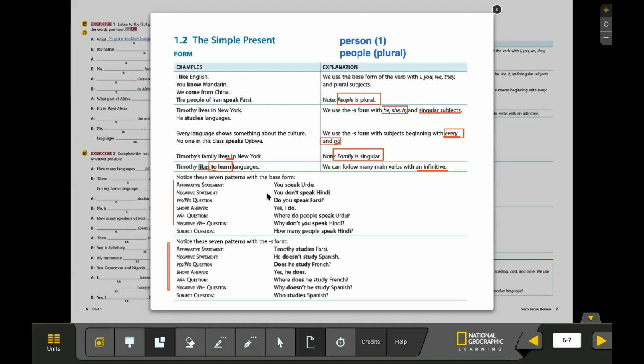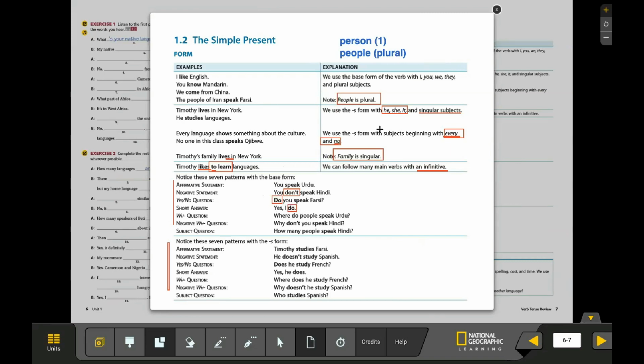So here we have the statements just in the base form. Notice something. If this is the base form, the auxiliary that we have is don't. Well, do, not, or in the question, do. Yes, I do. No, I don't.